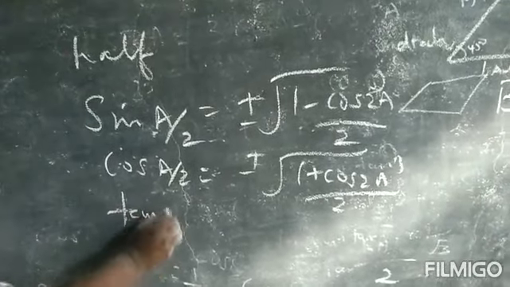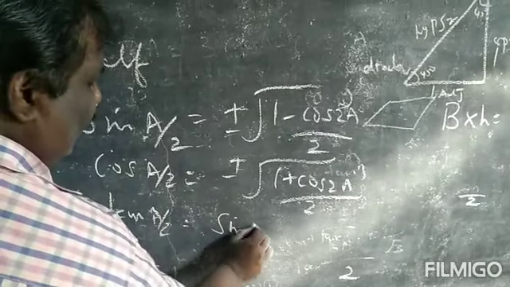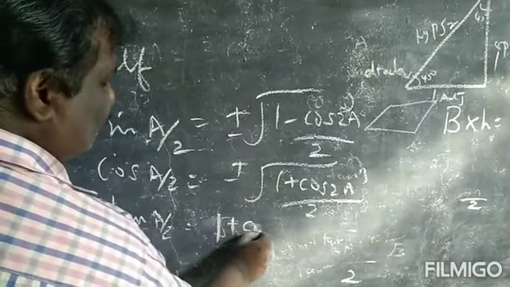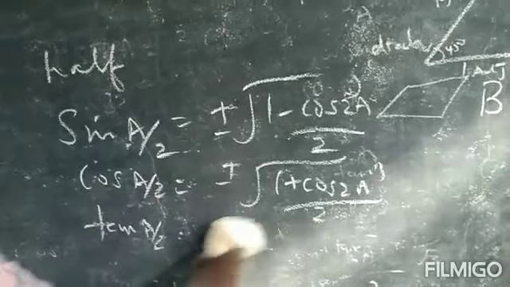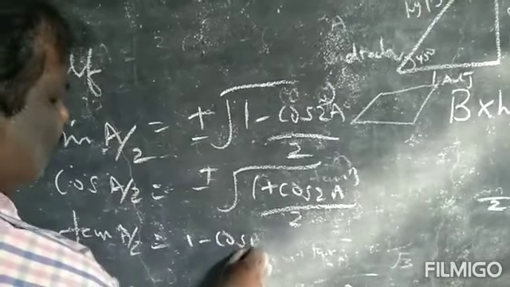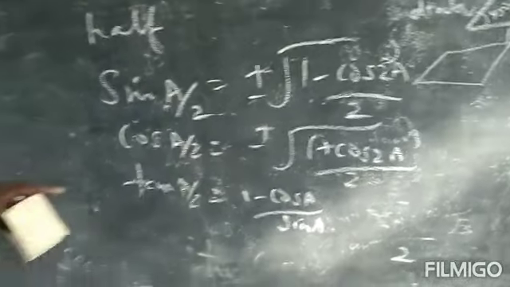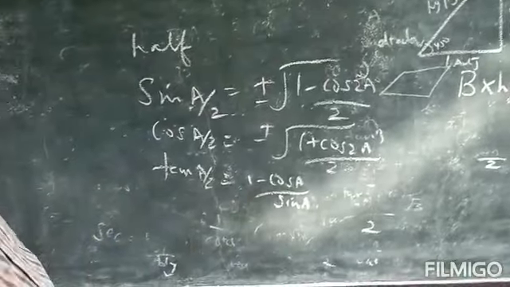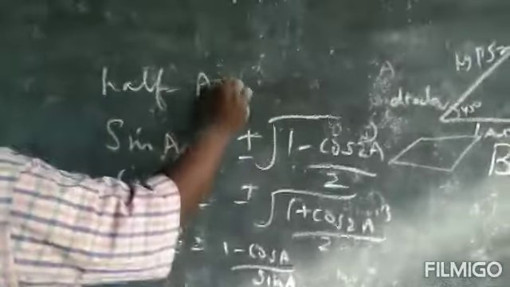Tan a by 2 is equal to sin a divided by 1 plus cos a, or 1 minus cos a divided by sin a. So likewise, these are called the half angle identities.